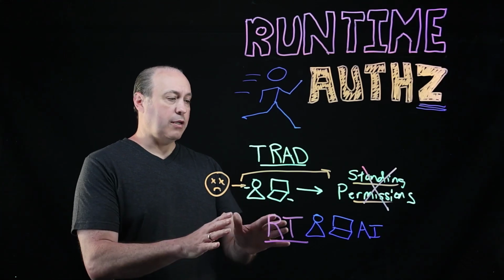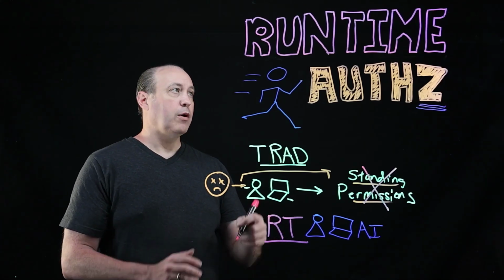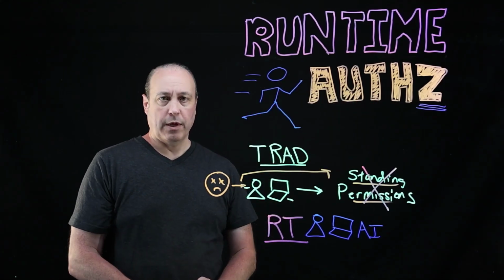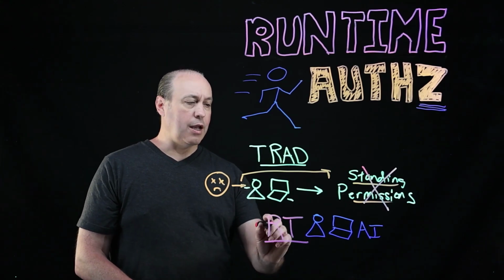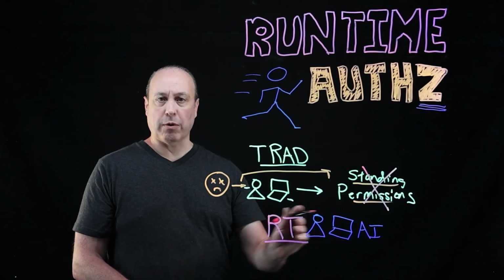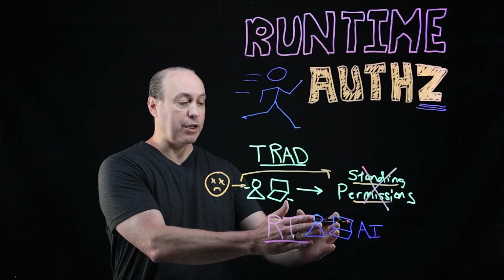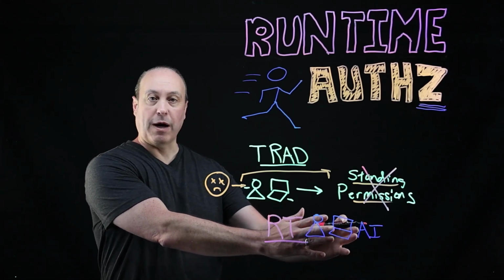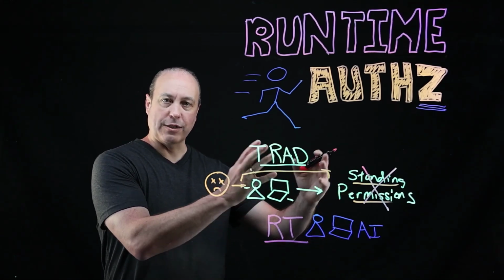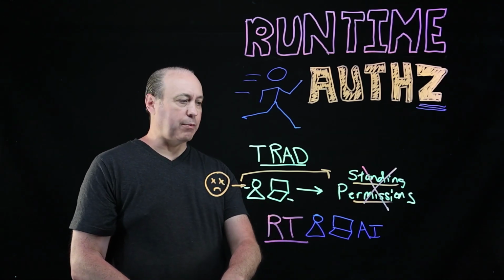So the idea is this principle of runtime authorization, which says, I'm not going to give these things standing permissions when they join the organization, when they're created, or when this AI model creates more agents and more AI models to get its job done.